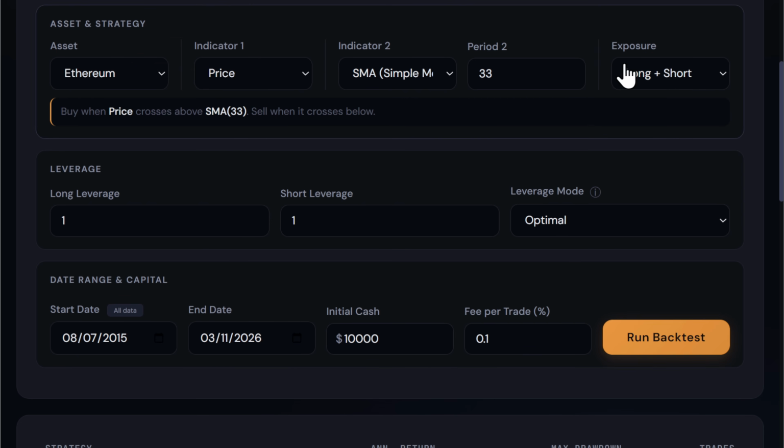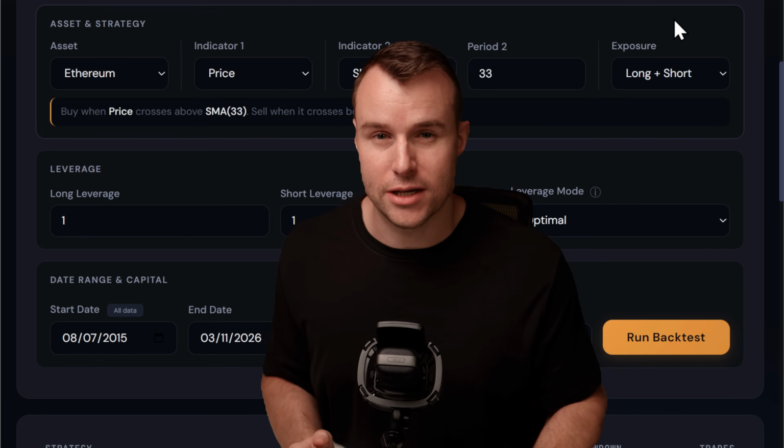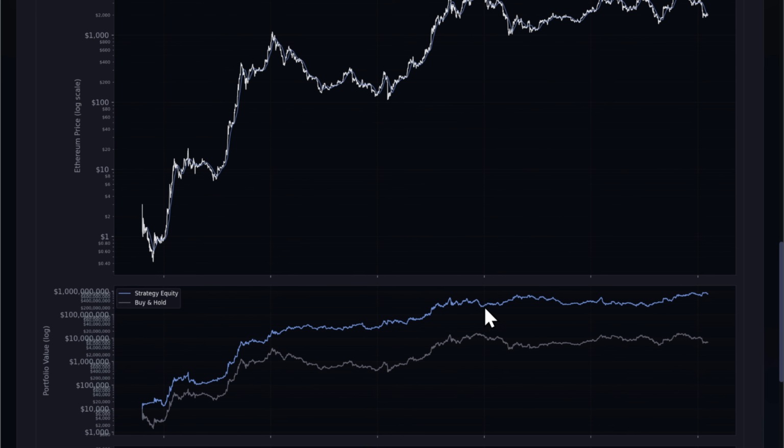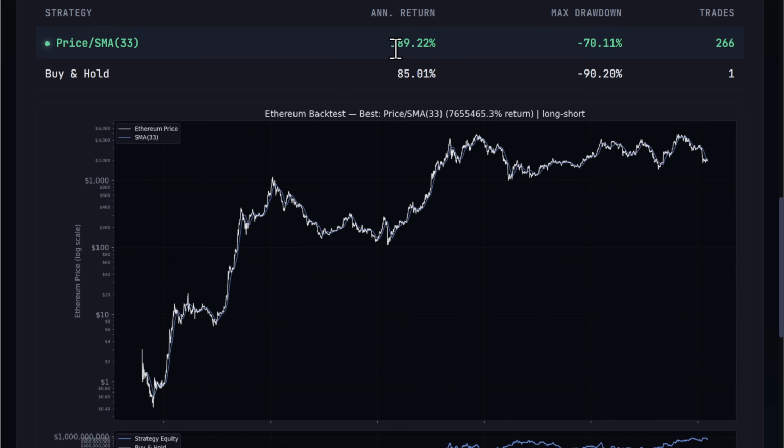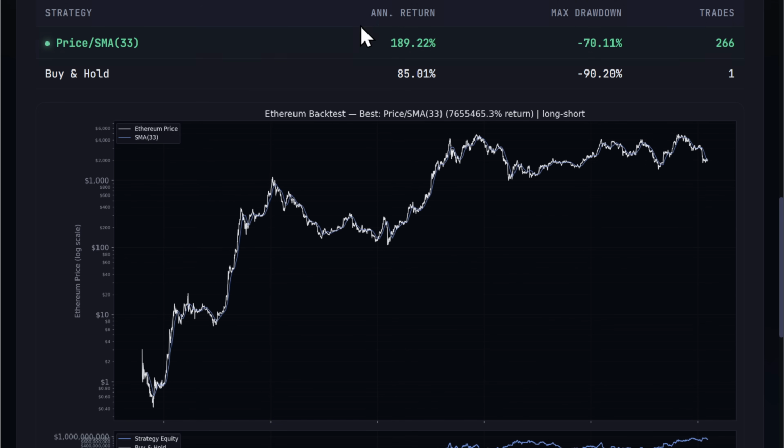But we can adjust this. We can go long and short. So when we are below the moving average, we bet on falling prices. Then our performance line is never flat. We either bet on rising or on falling prices, and we do get better annualized return from that. Yes, the maximum drawdown is increasing as well, but the annual return is going up as well. And so far I'm just summarizing content from prior videos, but we will develop this further.